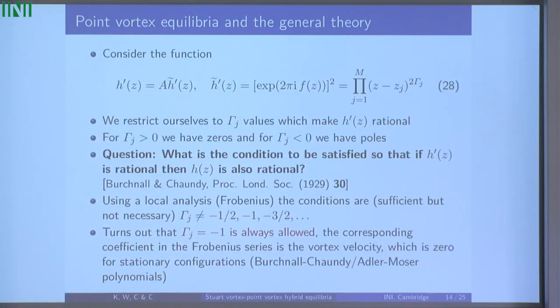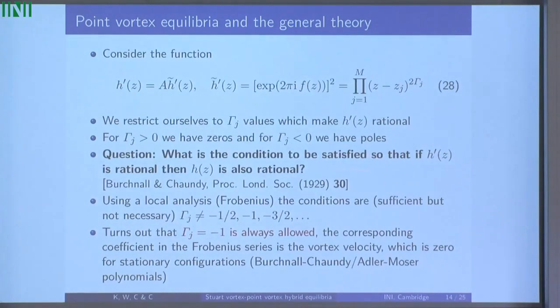Sometimes it might have been varying a modulus, but taking a modulus there is just considering the stream function instead of this complex potential. So if you consider this function and you restrict gamma j to be integers or half integers, so that h prime is rational, then for positive gamma j you have zeros at zj, and negative ones you will have some sort of poles.